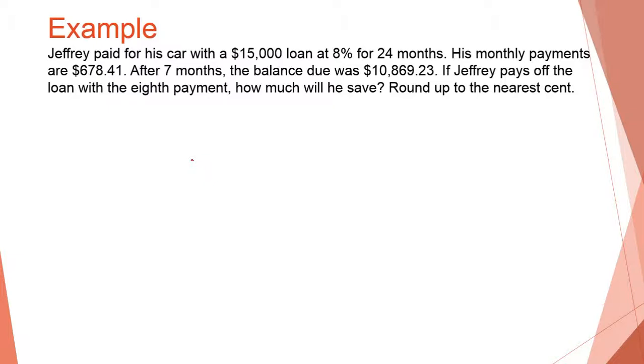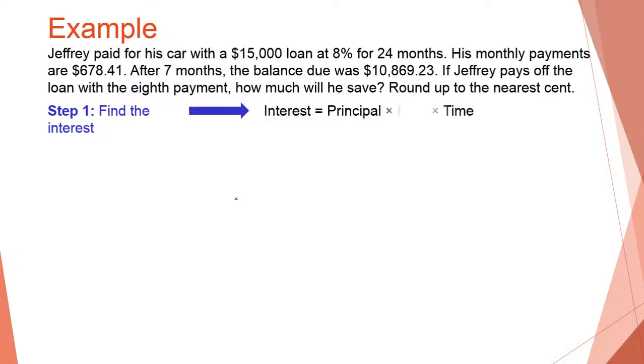If Jeffrey pays off the loan with the 8th payment, how much will he save? So first step, find the interest. Everything we've done earlier: principal times rate times time. So principal is how much he still owes. I know it's a little bit tricky because you think of the initial, but this time it means how much you still owe when you are trying to find the interest.